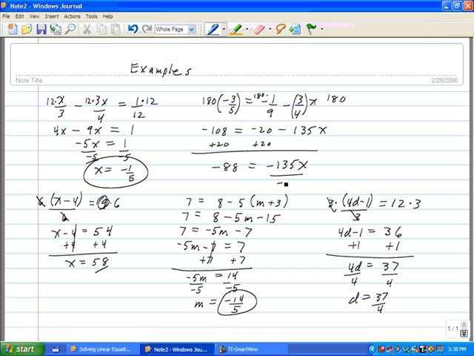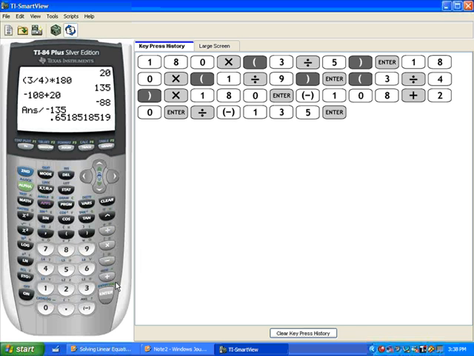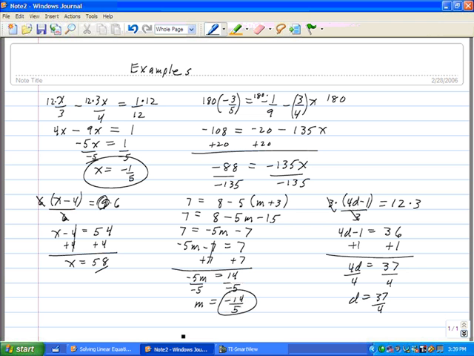So when I divide by negative 135, the nice thing about this calculator is that, since I have that already there, I can just say divided by negative 135 is, oh, that's an ugly decimal. Let's let the calculator turn that answer into a fraction, and it's 88 over 135. That won't simplify any further, so we get that x equals 88 over 135.